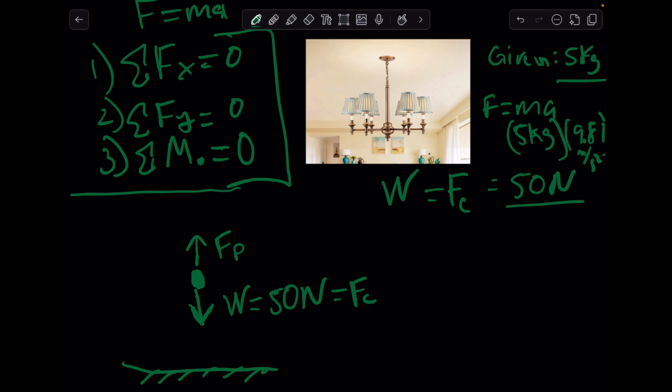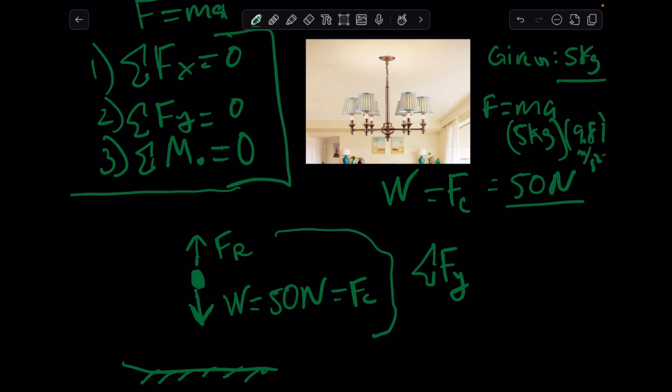Okay, force of rope. So now if we go back to our equations, now we have our free body diagram with our free body and all of the forces in the y direction, x direction. There's no forces in the x direction in this case. And also there's no moments acting on this particle. So we go back to our equations and we do our sum of the forces in the y direction, because this is all the forces that we have in this case.